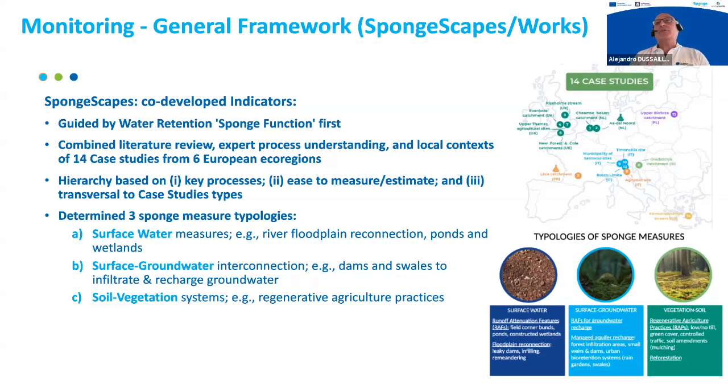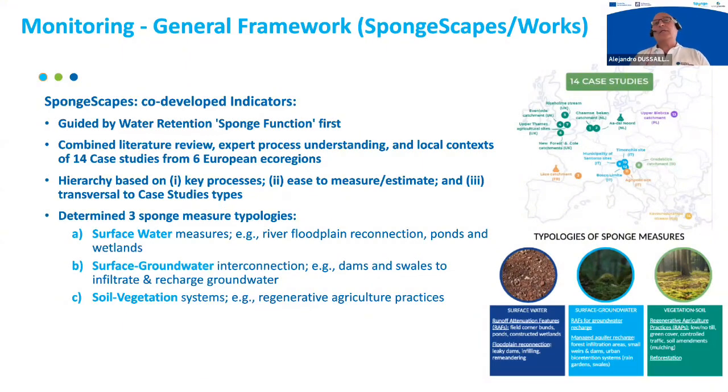So we have 14 case studies. We divided them in 3 types. So our typology is first those measures that are mostly surface water. For example, floodplain reconnection, and I will give an example later on. Those that are focused mostly in surface groundwater interaction, and actually Giannis is going to talk about one of them later.